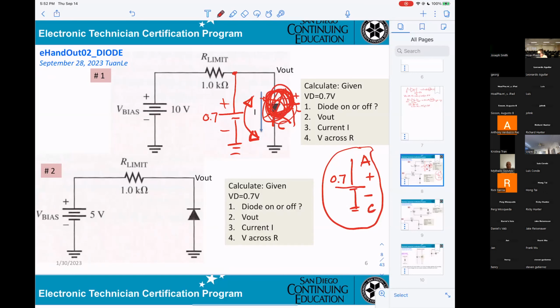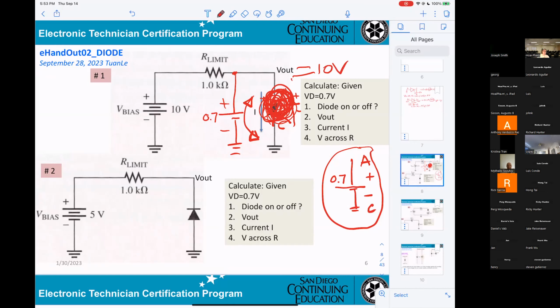Open. Okay, what's V out? If you open right here, no diode, what's V out? 10 volt. Correct.